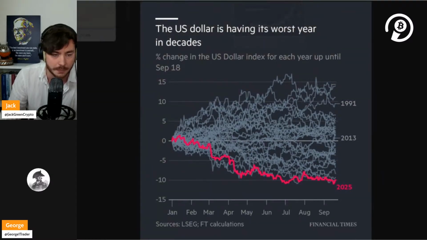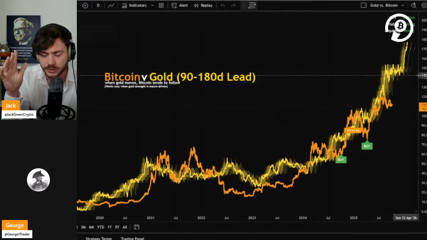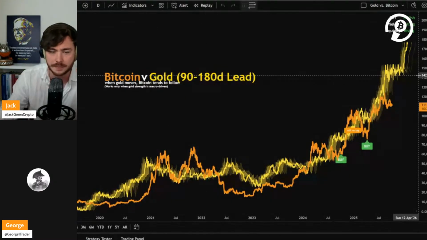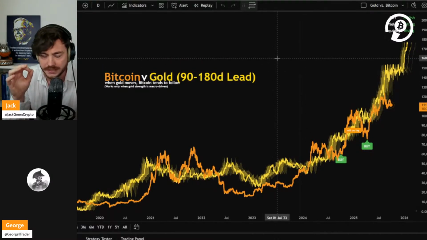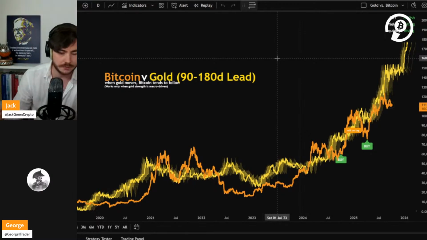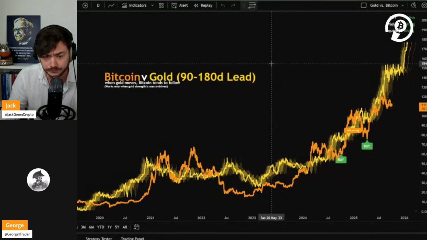All right, next up, and I spoke about it a little bit before, is gold. And as everyone knows, gold is making all-time high after all-time high. So look at this chart here. It's always bullish for Bitcoin. Bitcoin and gold have a lead-lag relationship. First, gold makes a move, and we saw this all throughout history.